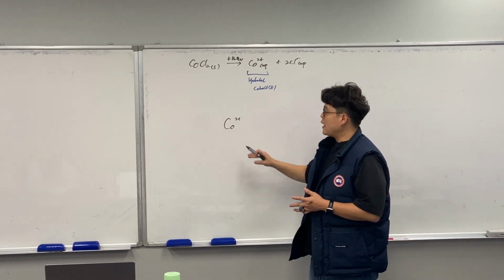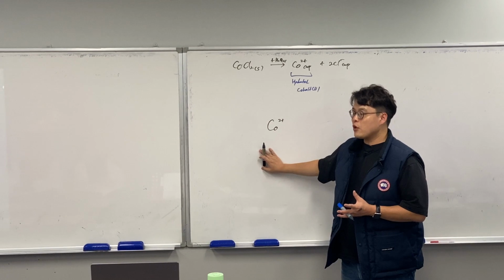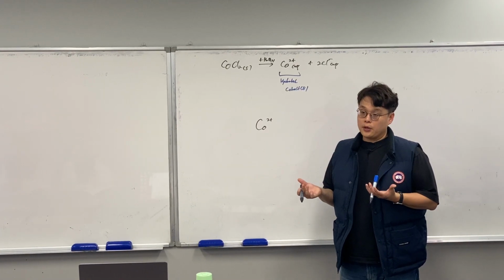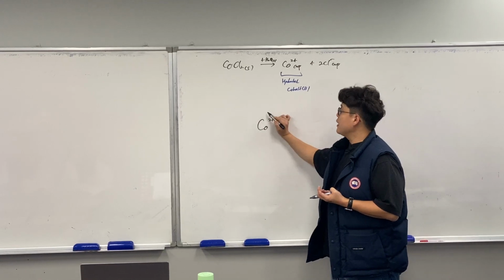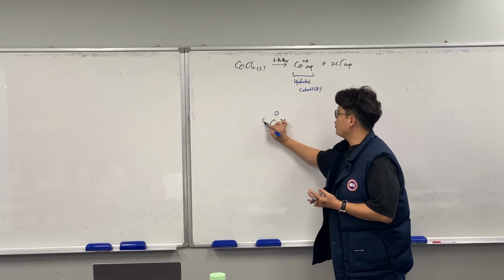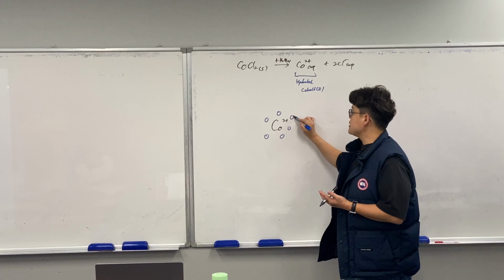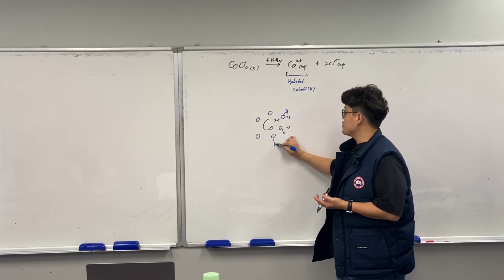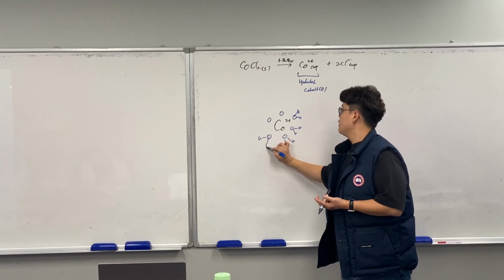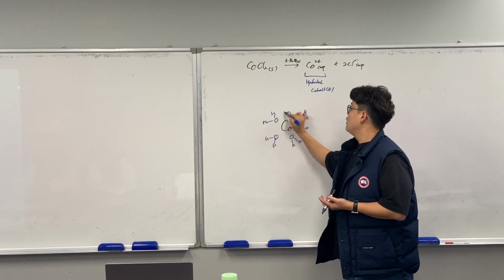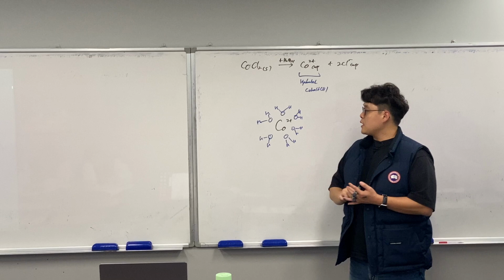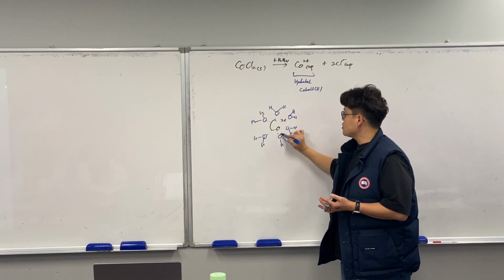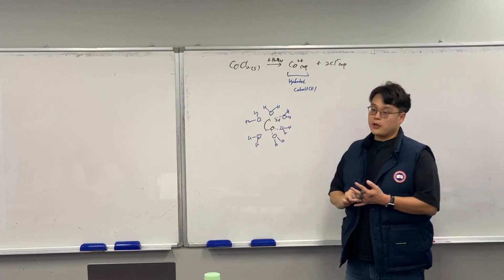So each cobalt in this case can attain up to 6 water molecules nearby, which means there will be water molecules coming along, 1, 2, 3, 4, 5, and 6 like this, and hydrogens, of course, showing the forms of that. Now, there will be interaction of those partial negative charges of oxygen to the cobalt given over here like that.